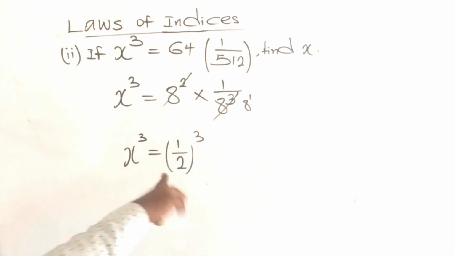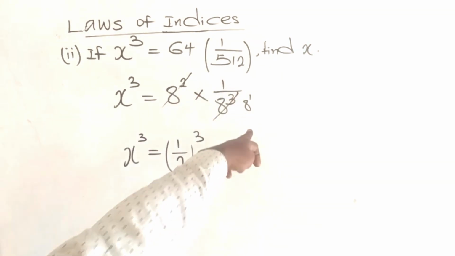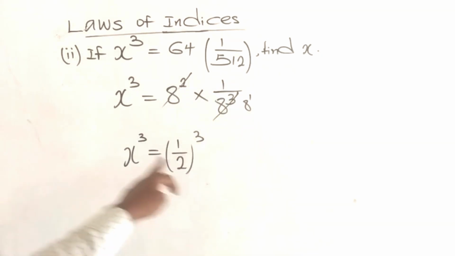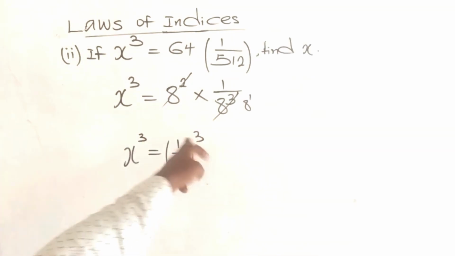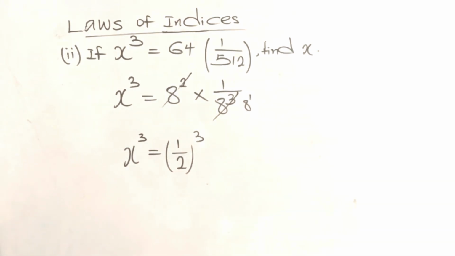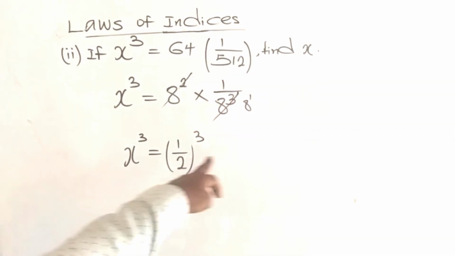You should agree with me that 1 over 2 raised to power 3 is the same as 1 over 8. 1 raised to power 3 is 1. 2 raised to power 3 is 8. Now that we have the powers being the same, it agrees with this law. We can ignore the powers now and equate the base. So 3 cuts 3 and x equals half.